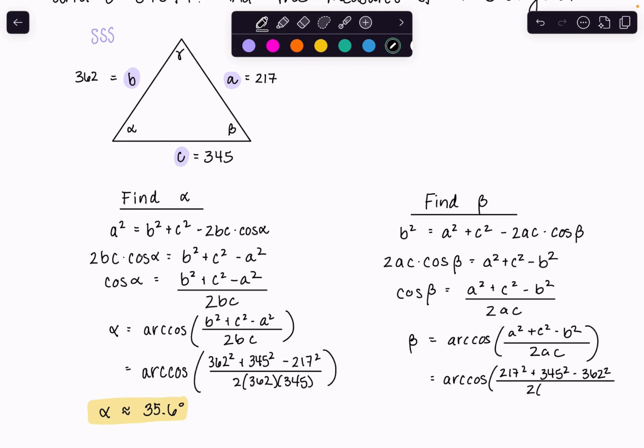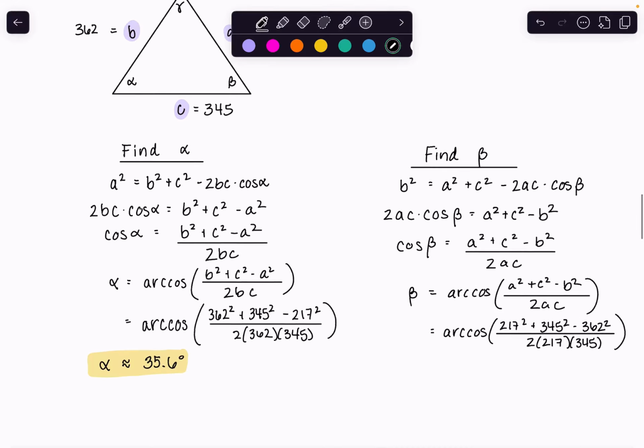And that's over 2 times 217 times 345. So if you were to plug that into your calculator, you should get that beta is about equal to 76.5 degrees.